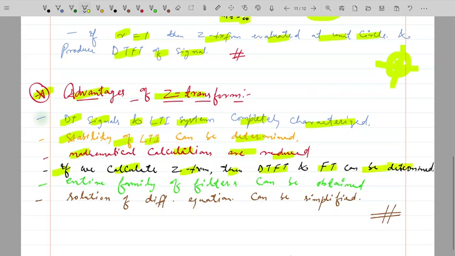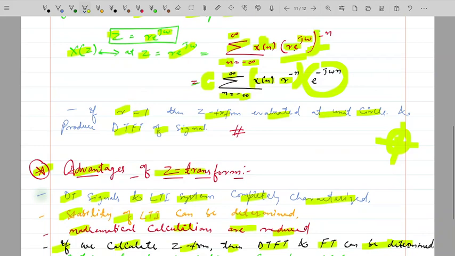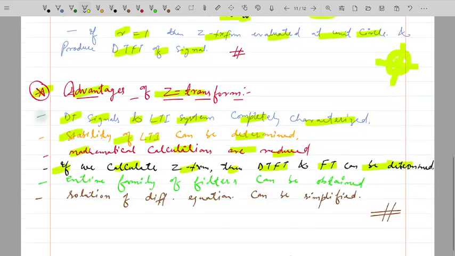The DTFT can be determined by evaluating these summation type equations over the discrete values of the signal one by one. Entire families of filters can also be obtained with the help of the Z transform, which we will discuss in later videos. The solution of differential equations can also be easily simplified with the help of the Z transform.